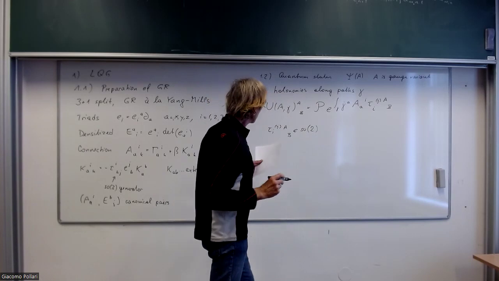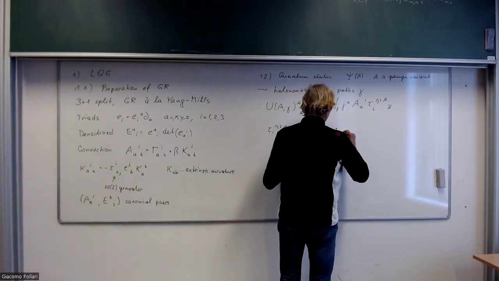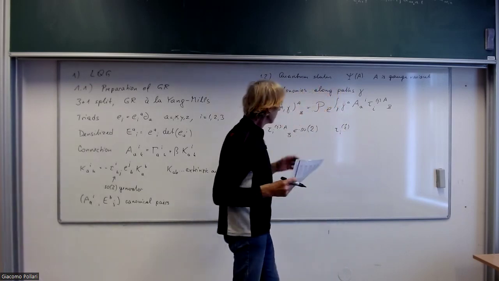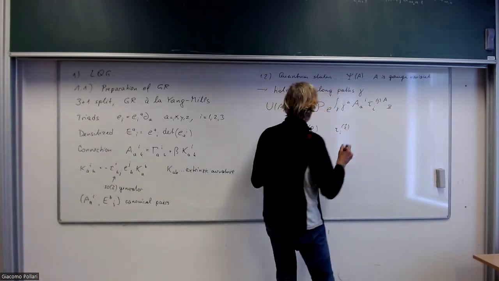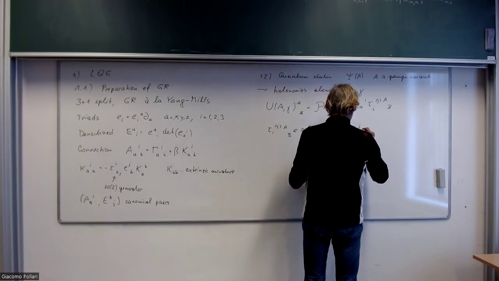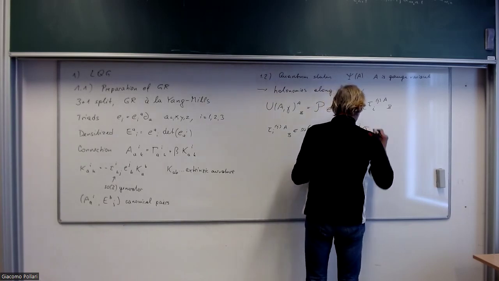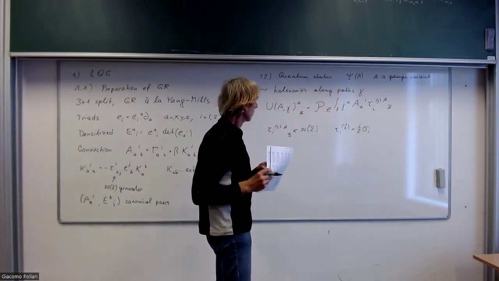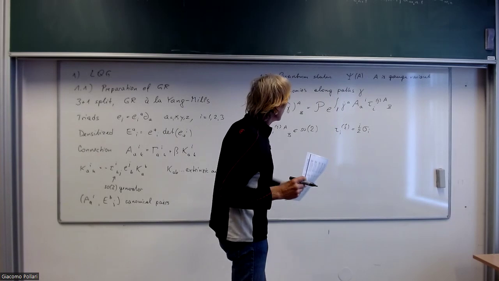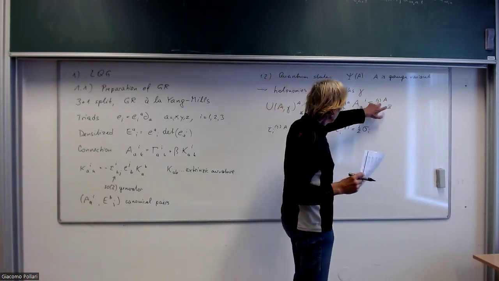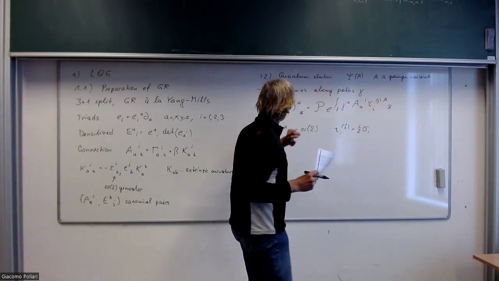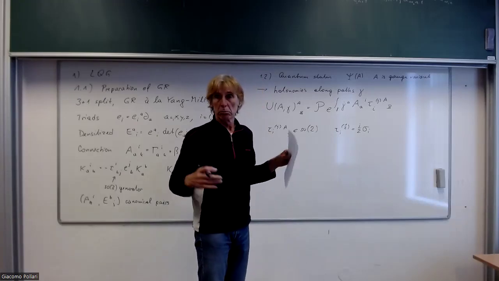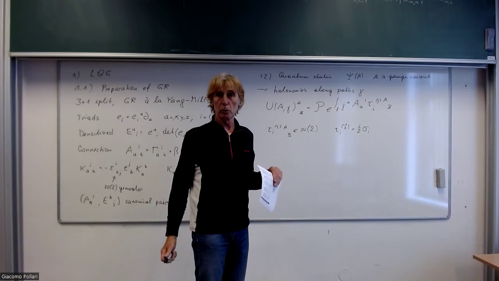If J is 1/2, the generator in the fundamental representation is I times the Pauli matrix sigma, with two indices. If we have a higher representation, A and B can be considered as collective indices for vectors, tensors, and so on.